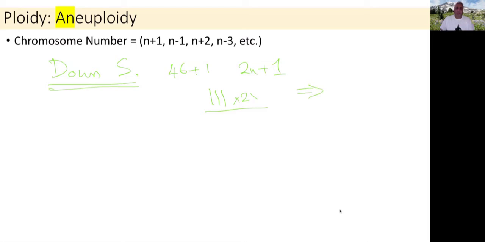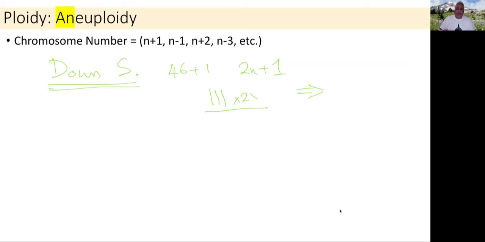And there's a reduction, as I said earlier, in the viability of that individual. So in most cases, those individuals are not born. They're miscarried early on during pregnancy, and they're not delivered. Somebody's estimated that 50% of miscarriages take place because of chromosomal number abnormalities, mainly due to aneuploidy.